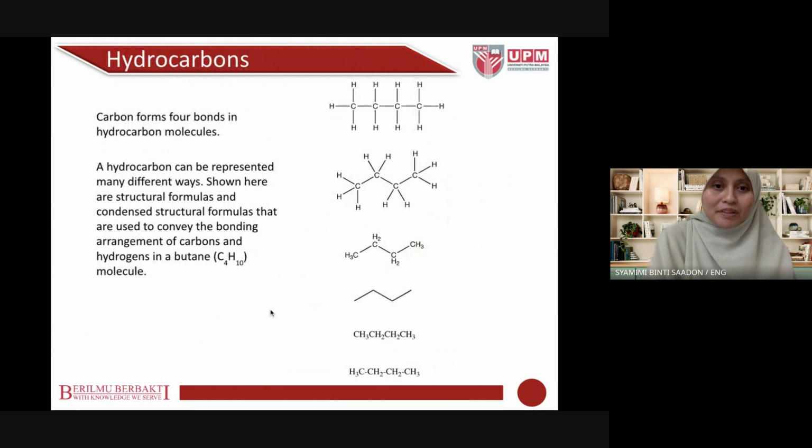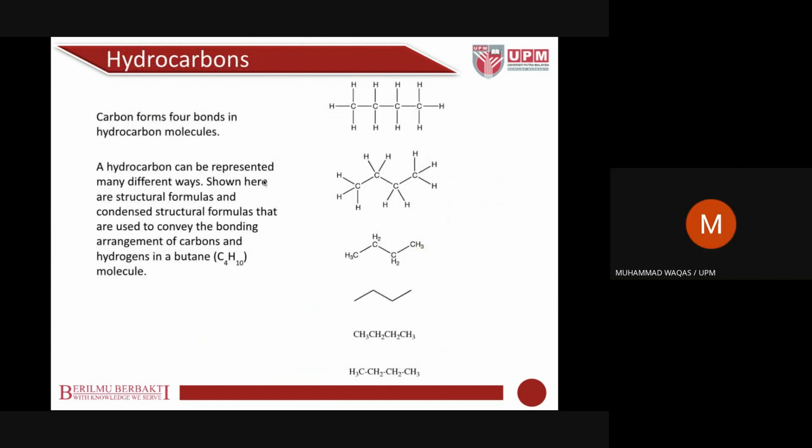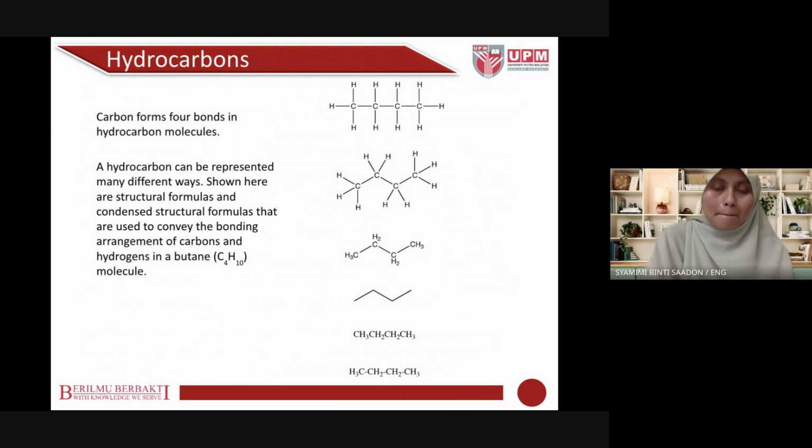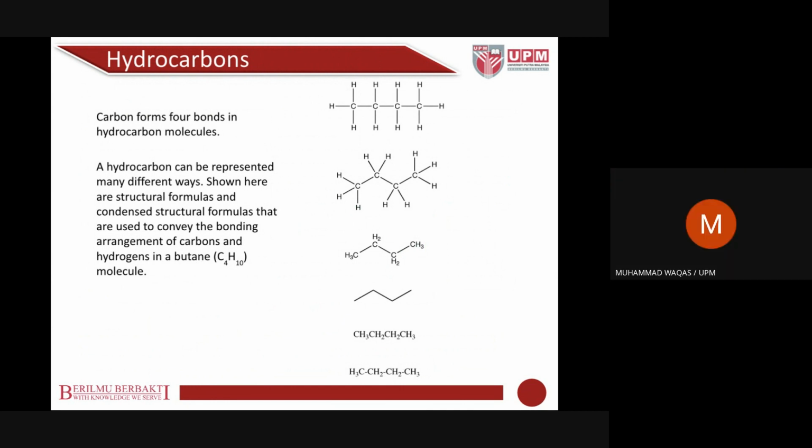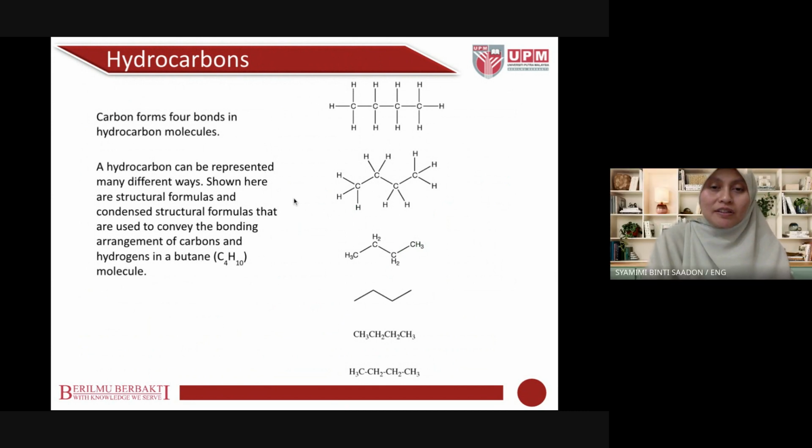One question, ma'am. What happens if it is incomplete combustion? As we discussed earlier, if not all the compounds are fully utilized, there are other emissions, small amounts of other chemical compounds produced.